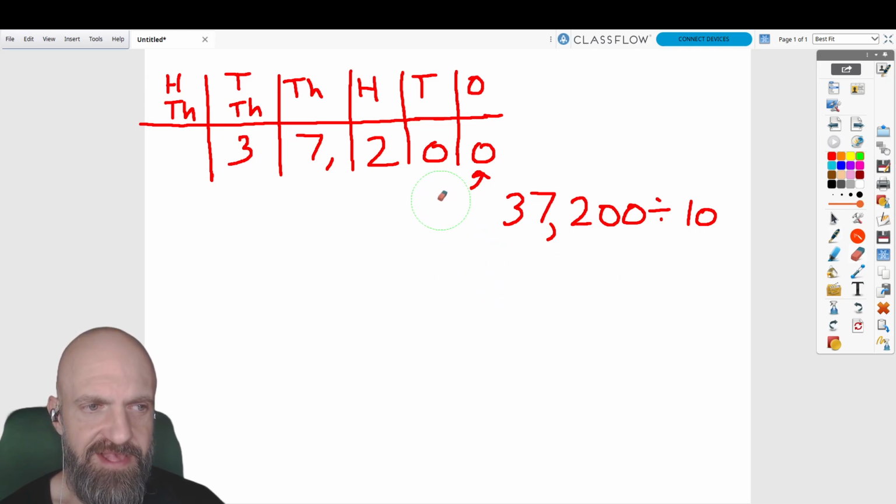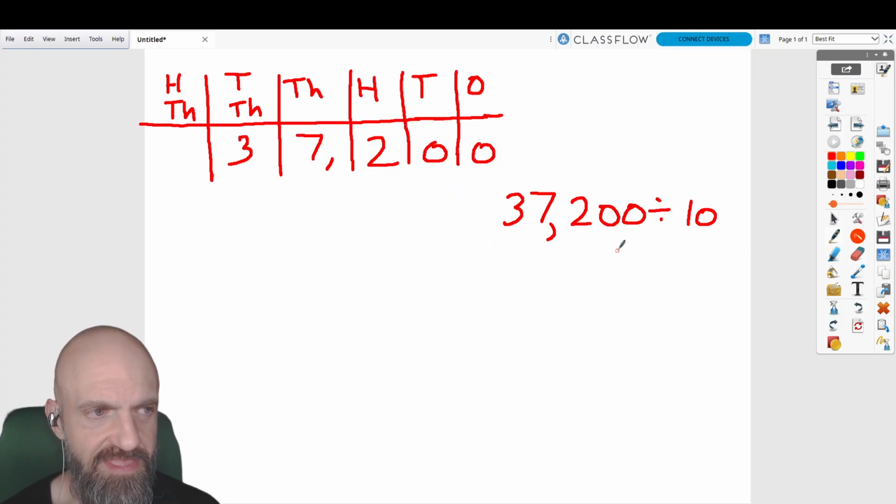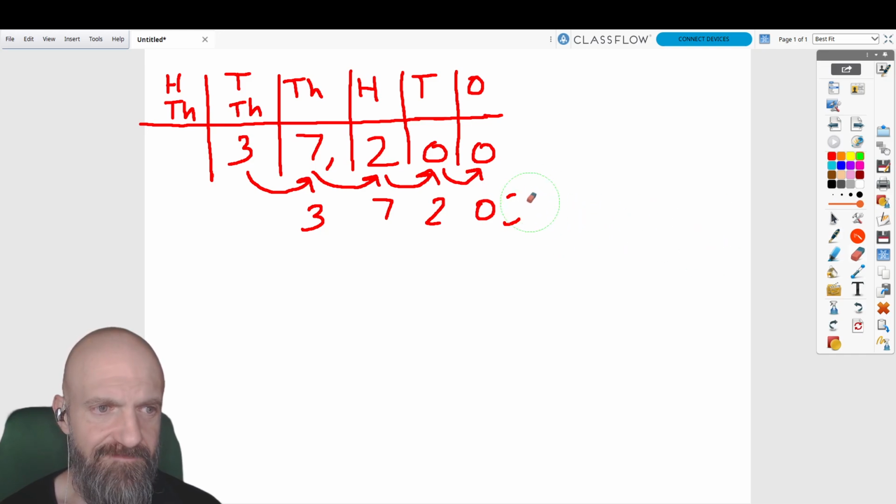All right, so we're going to take this number and divide it by 10. So this time we shift each digit to the right. So the 3 is going to shift that way. It'll be there. The 7 will shift that way. It'll be there. The 2 will shift that way. It'll be there. And the 0 will shift this way. It'll be there. Now, we have another 0 right there. Let me bring that back and I'll move it.